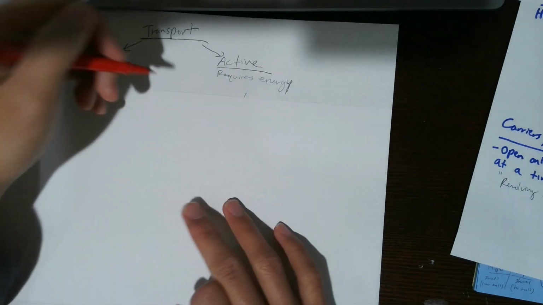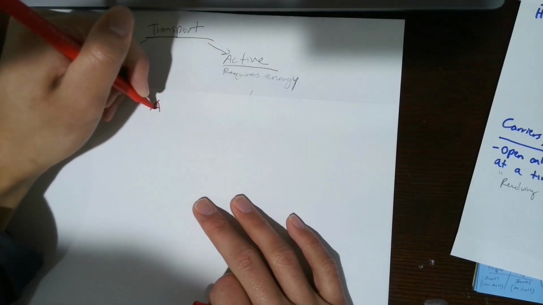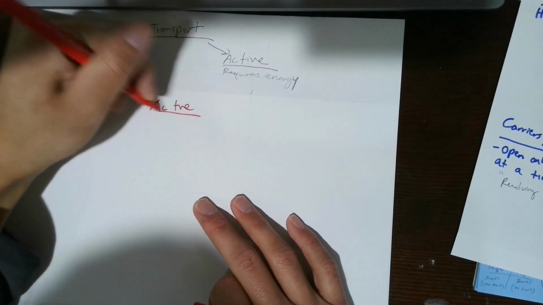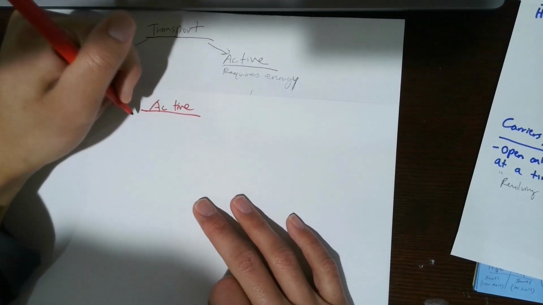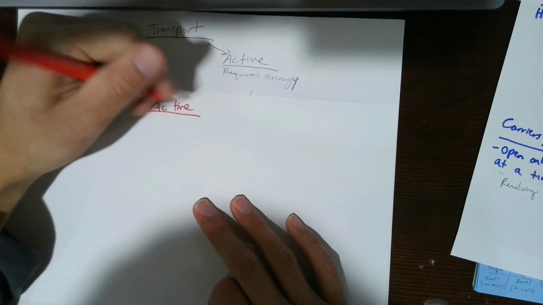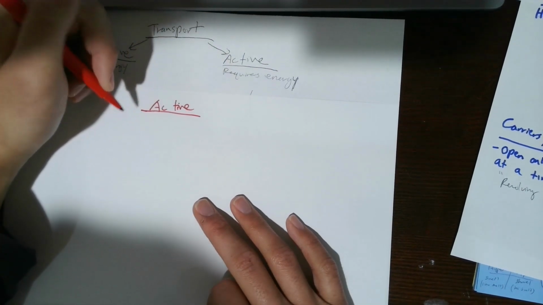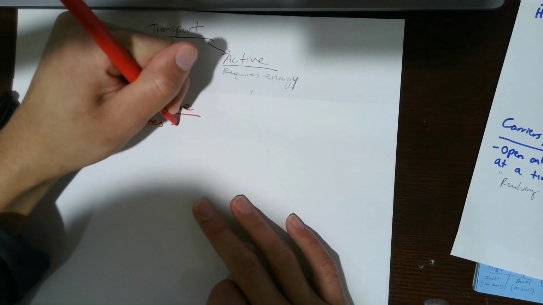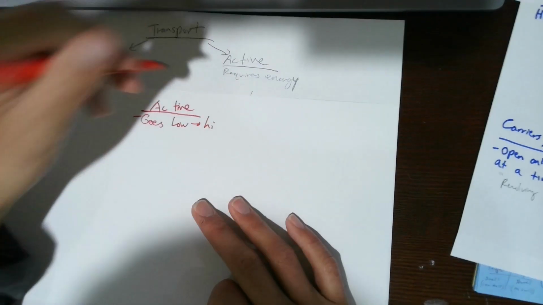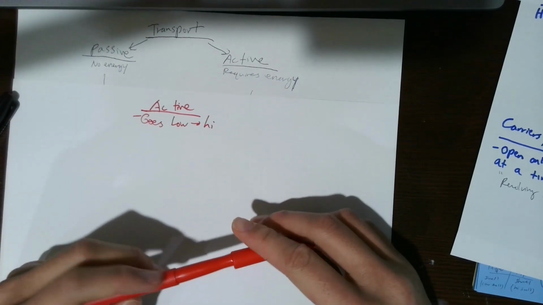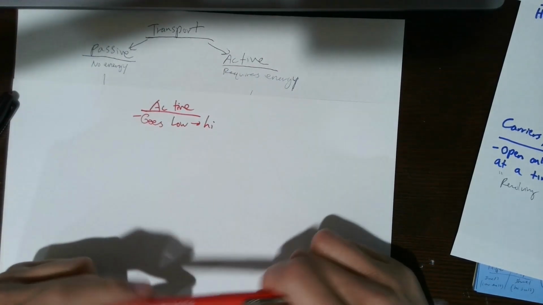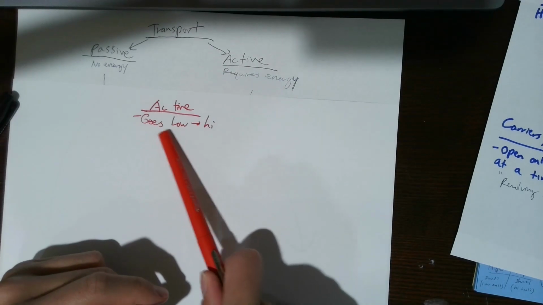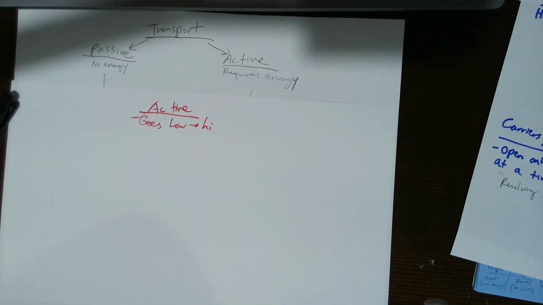Maybe I'll write in red just so we know. A lot of times it goes from low concentration to high concentration. Normally we go from high to low, which was passive. But to go from low to high, now you're going to need some energy. Alright?